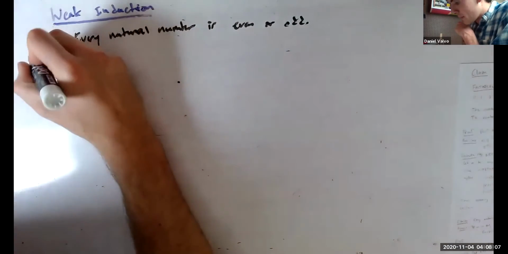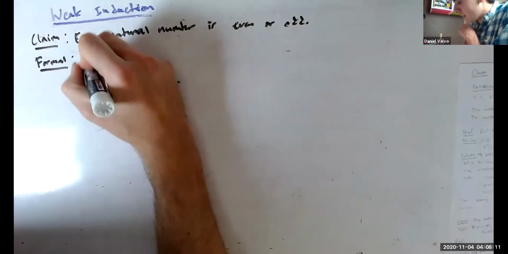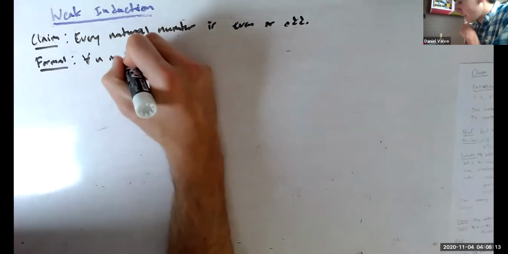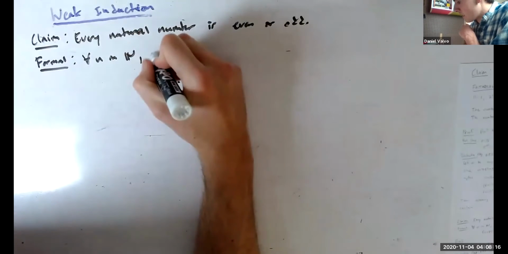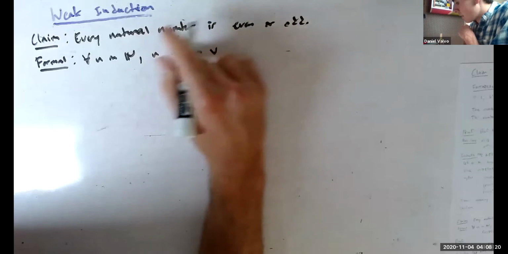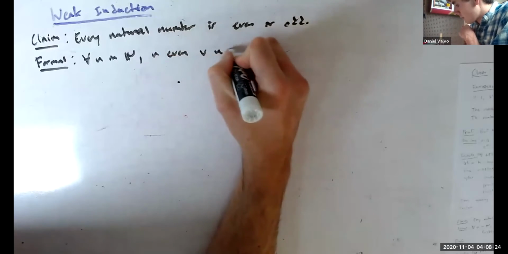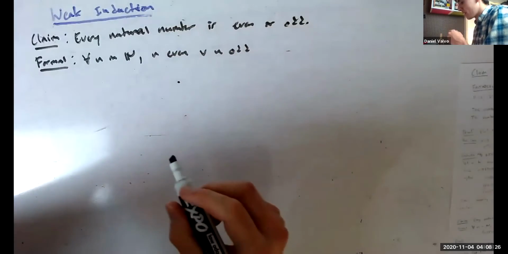So here's the idea. The formal claim would be that for all n in the natural numbers, n is even or n is odd.